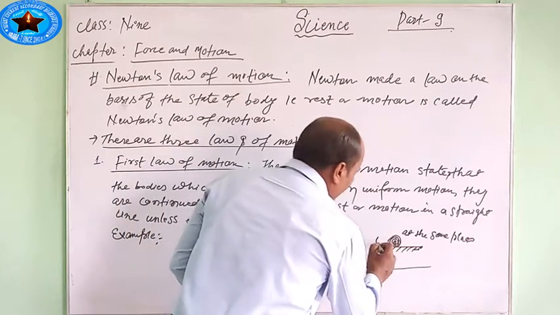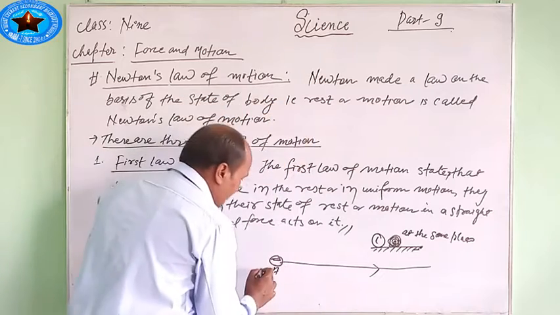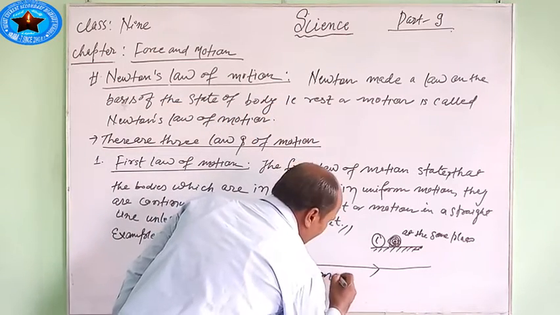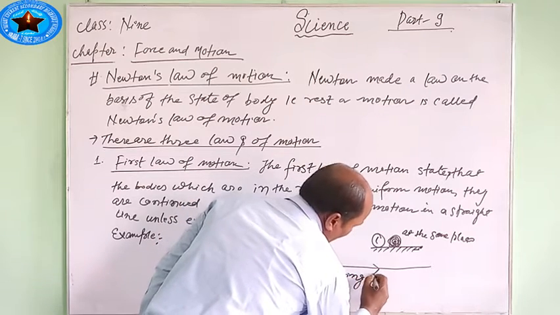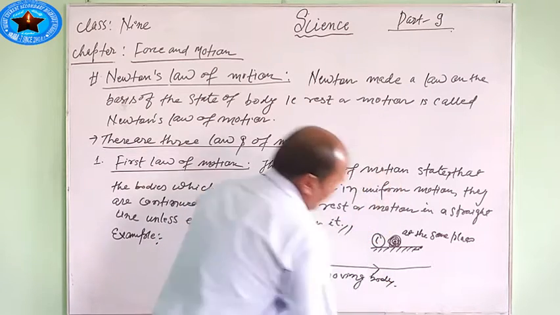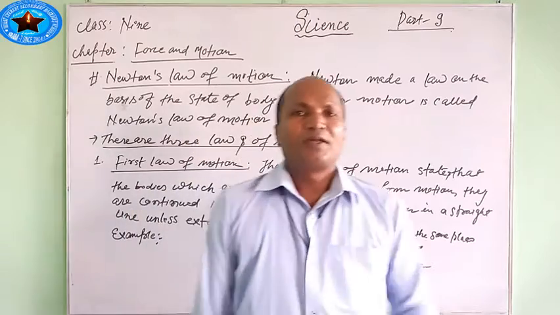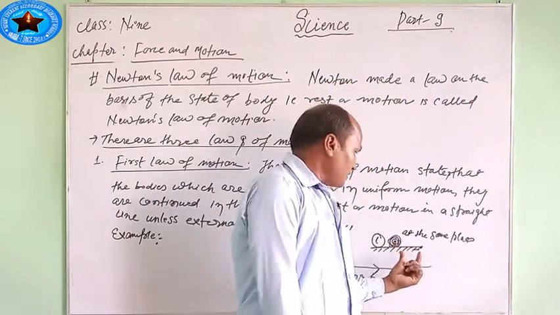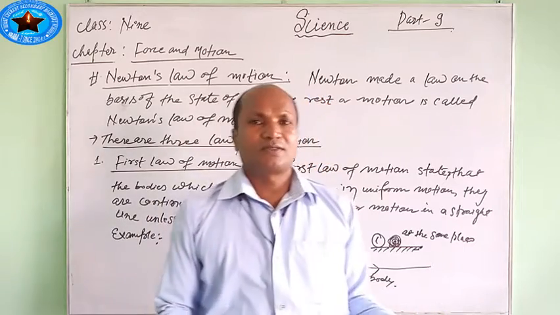First case, a body at rest. Second case, a body in motion. This is a moving body. If the body is moving, it moves continuously and never stops. If the body is at rest, it never goes into motion.